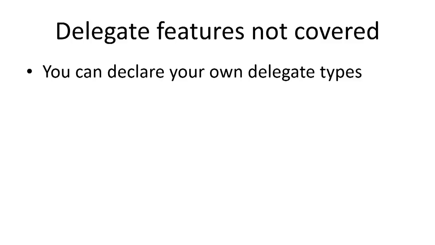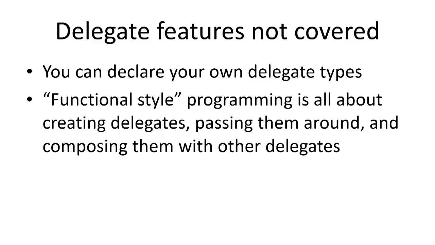I also want to talk a bit about some features of delegates that we're not going to talk about much more in this course. You can declare your own delegate types. We saw that there was a delegate type called event handler of char. There are arbitrarily more delegate types. There's lots of them that are declared for you in the .NET base class libraries. There's also the ability to create your own.